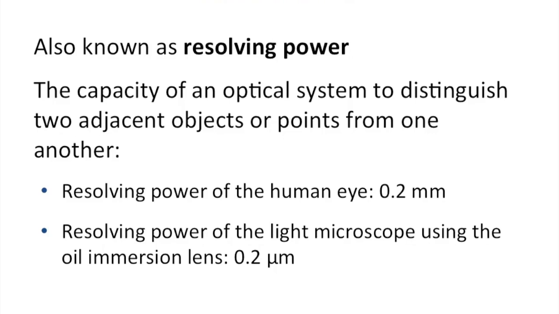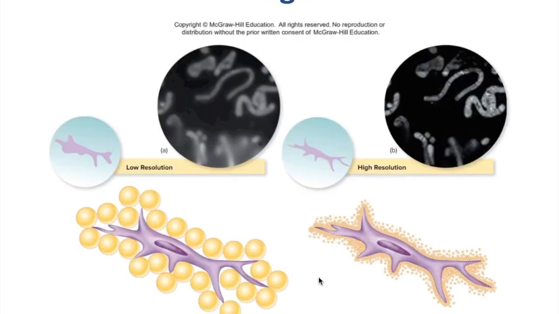Our eyes have a resolution of 0.2 millimeter, while the microscope can reach 0.2 micrometer. So high resolution means the image will be much clearer.